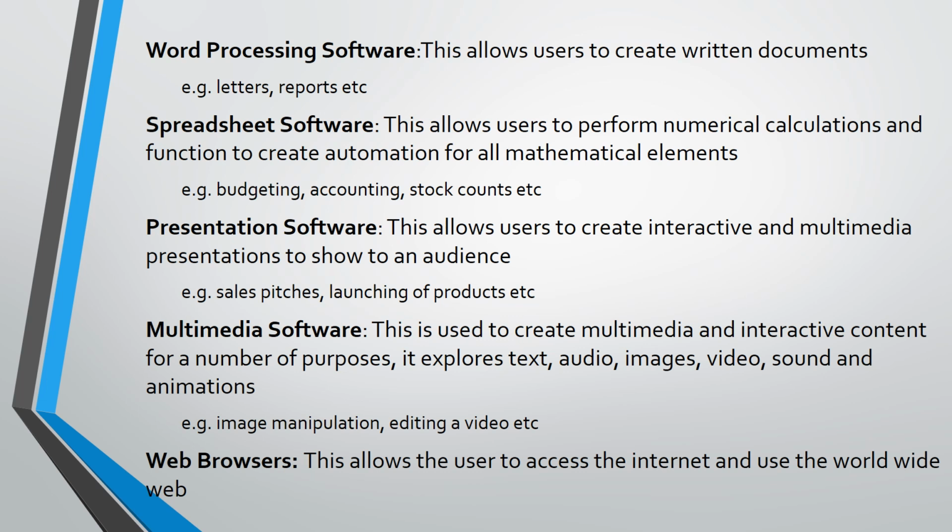This helps us create multimedia and interactive content for a number of purposes. It explores text, audio, images, video, sounds, and animation, and we can use a lot of different software for this. We can use Adobe Photoshop, Filmora, InShot, and a lot of other software as well for image manipulation, editing video, and a lot of other things.